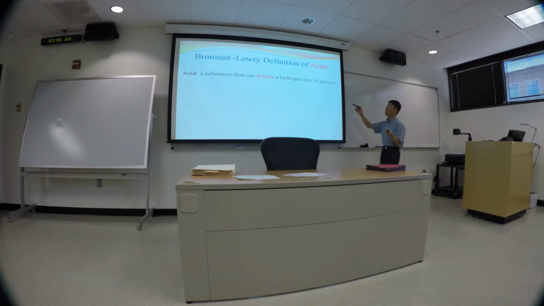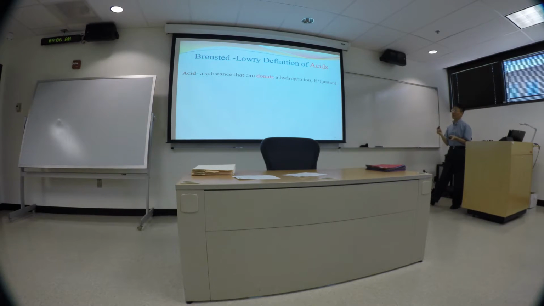So you see the term proton for H+, and you also see the term hydrogen ion. They mean the same thing. So an acid would be something that can donate a hydrogen ion. You have to have a hydrogen with you to begin with, otherwise you cannot donate a hydrogen ion. That's how we define an acid: the Bronsted-Lowry definition says a substance that can donate a hydrogen ion is an acid.